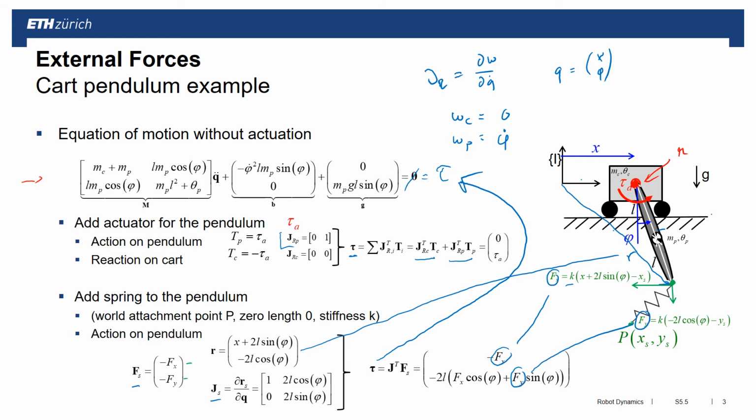Now this is a very general approach again for an arbitrary force acting somewhere on our system. We have a method in how we transform this into generalized torques that directly influence our equation of motion.